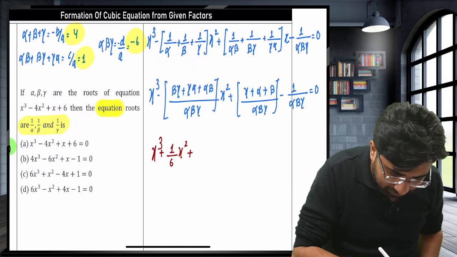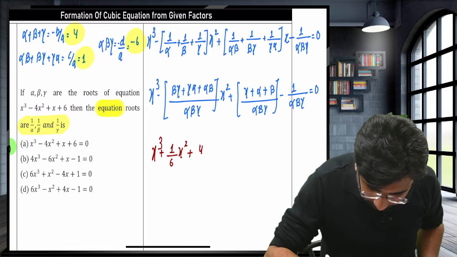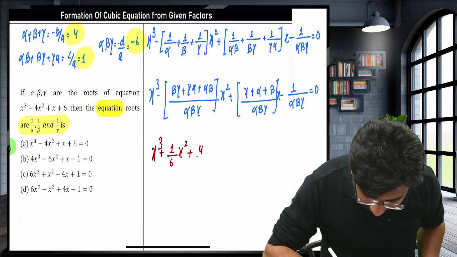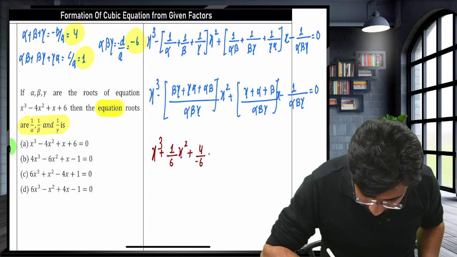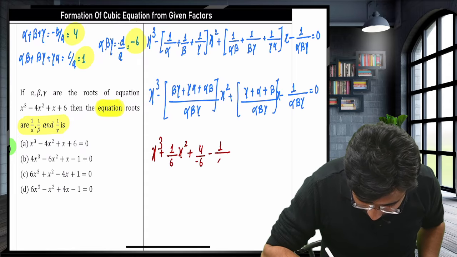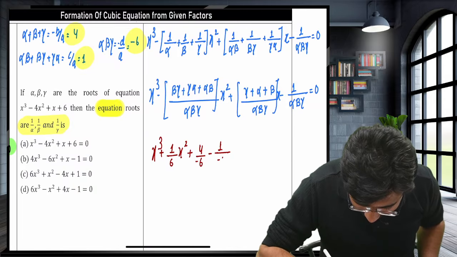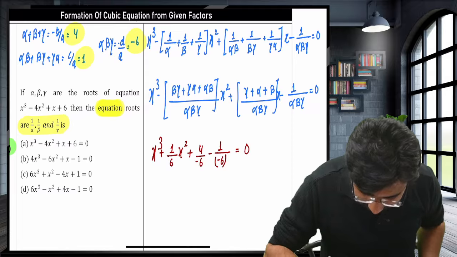Aman sir, alpha plus beta plus gamma is 4, guys, 4 upon alpha into beta into gamma, minus 6, minus 1 upon alpha into beta into gamma, minus 6, is equal to 0.